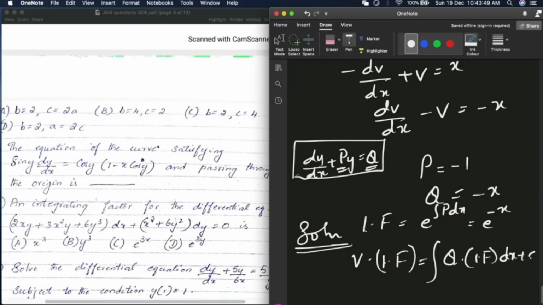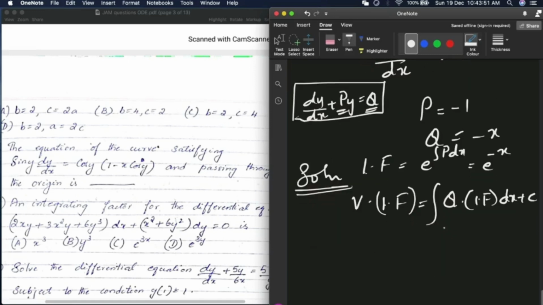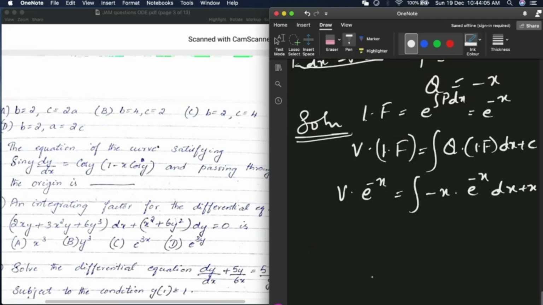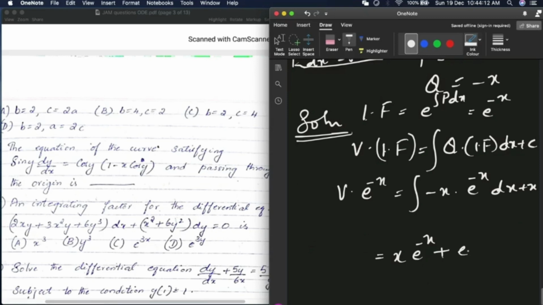I've given this last time. We have done one problem also, I think. So it is v into e raised to minus x is equal to integral of minus x into e raised to minus x dx plus c. And again, integration by parts. That gives x e raised to minus x plus e raised to minus x plus c.